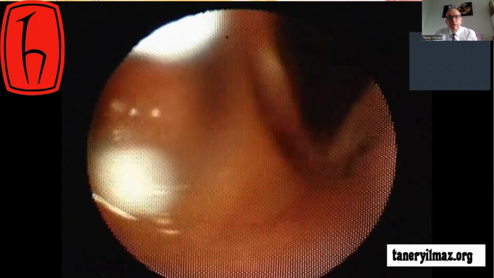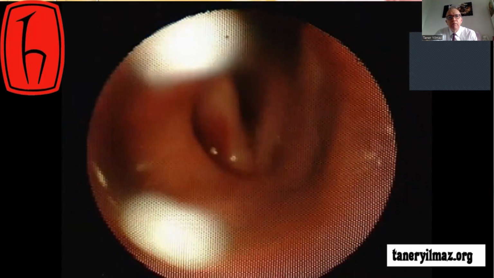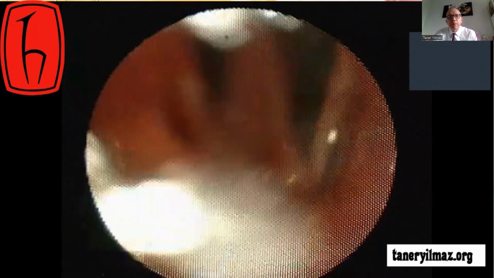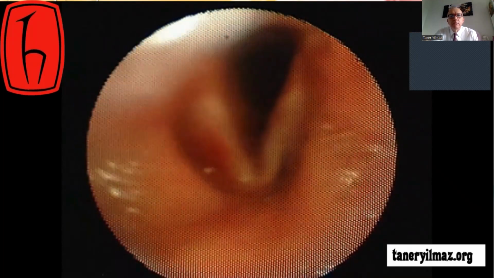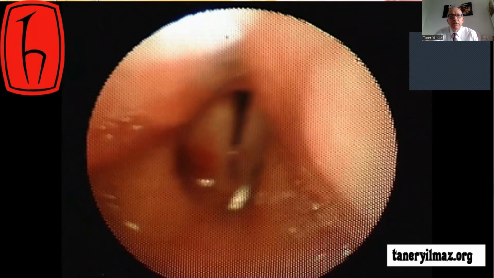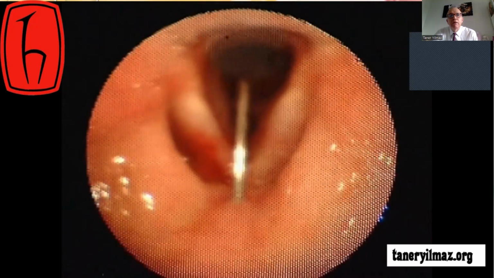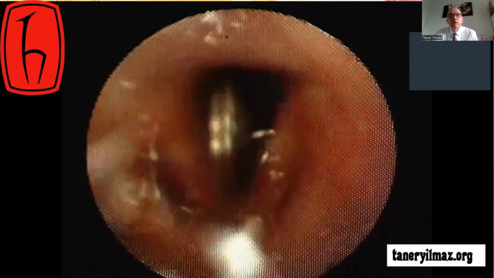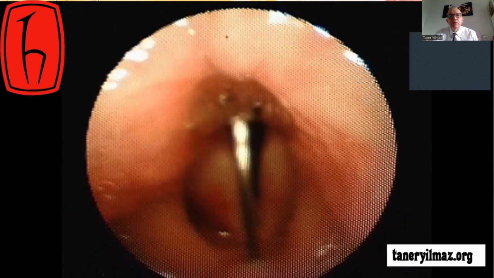Now the left vocal fold injection. Now I will inject interarytenoid muscles. Another 5 units interarytenoid muscle.